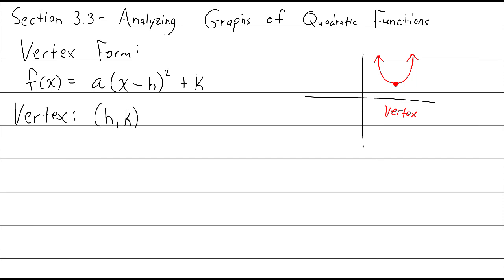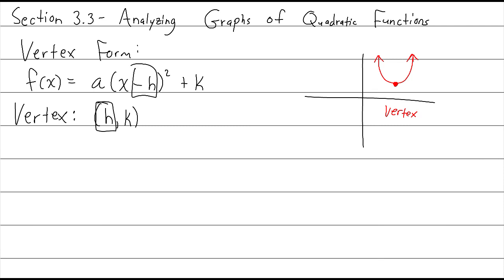Now notice something. This k comes from here, and h comes from here, but I'm ignoring this minus sign, right? That minus sign is not carried over into the actual vertex point. So how does that look in an actual equation or function? Usually what you see written right here is the opposite of what you see right here.